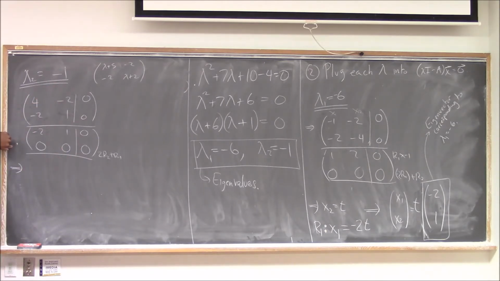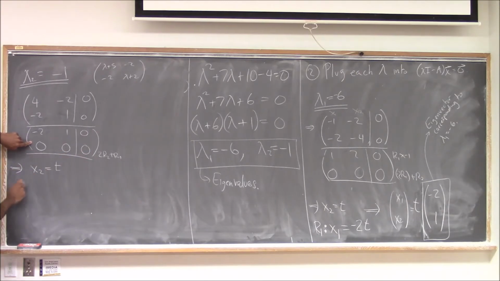And by the way, it's never going to actually reduce to the identity because we set the determinant equal to 0. So you're always going to end up in the case where you have infinite solutions. And so in this case, x2 equals t. I can use the same variable because it's a completely different situation.